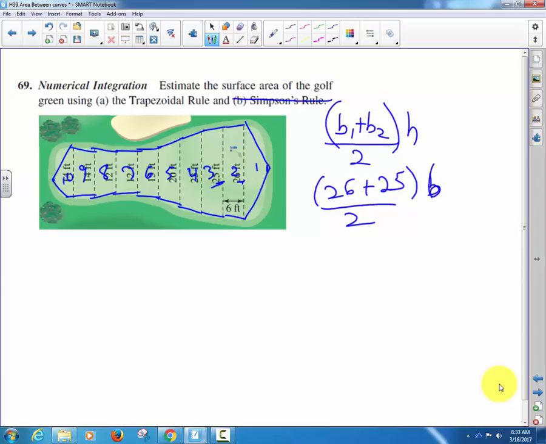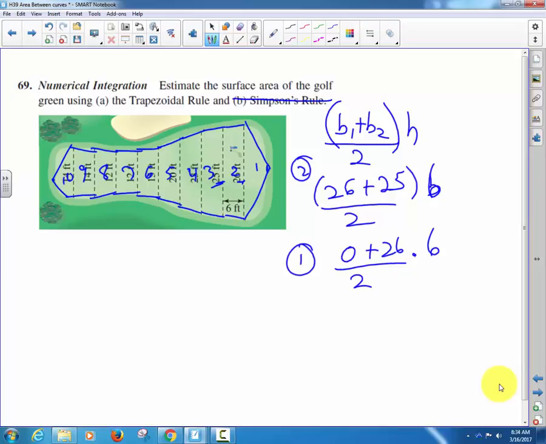And you can do that for each one of those trapezoids. The number 1 trapezoid, well, B1 is this side over here, which is a point, which is 0, plus B2, which is 26, divided by 2, times the height. The height is always 6. So you could go through and do that 10 separate times and get your answer.